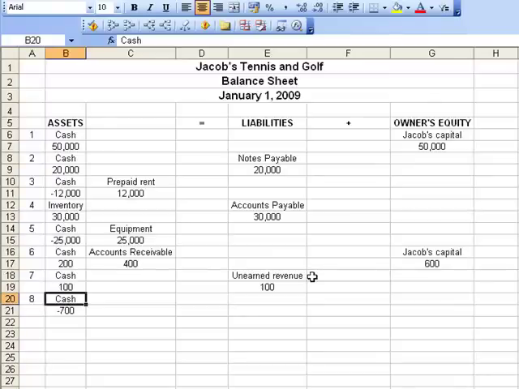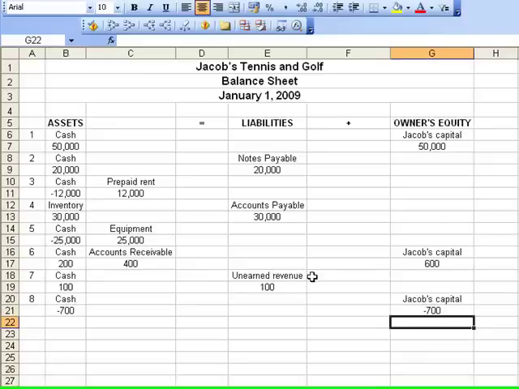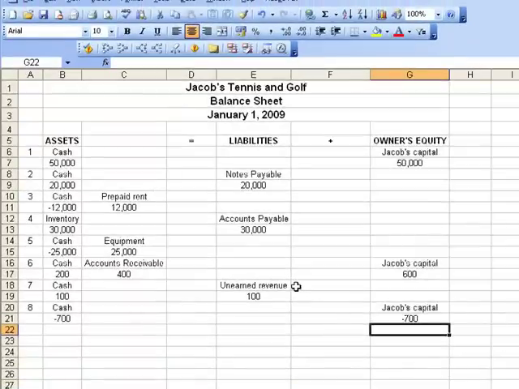And also owner's equity has decreased by the same amount, as we recognize it as a salary expense. Let's assume another example of an expense. For example, we have expenses of 120 for the utility.